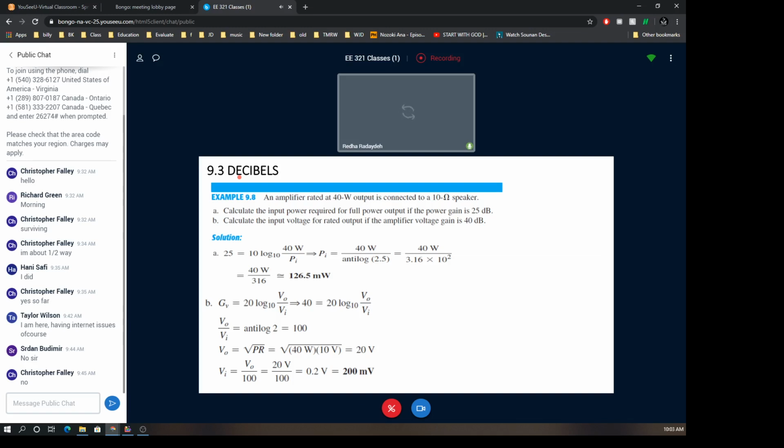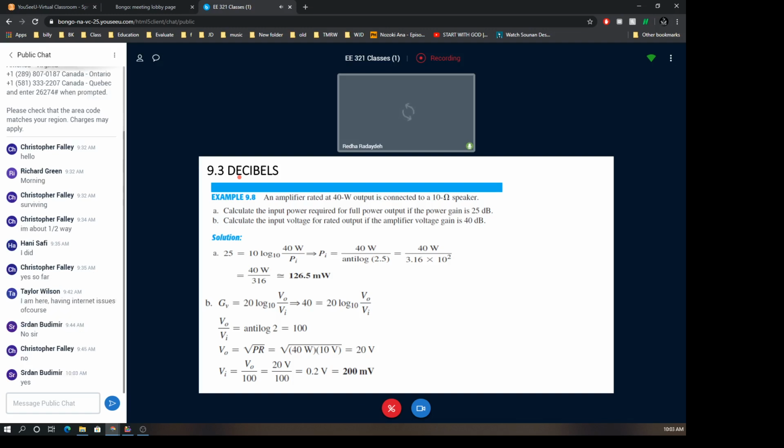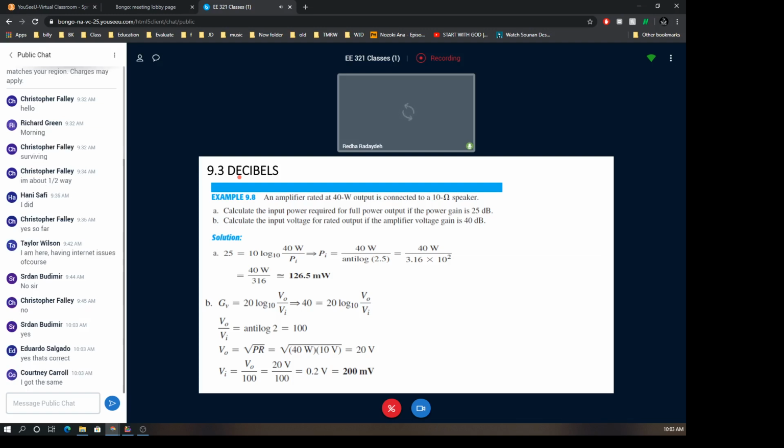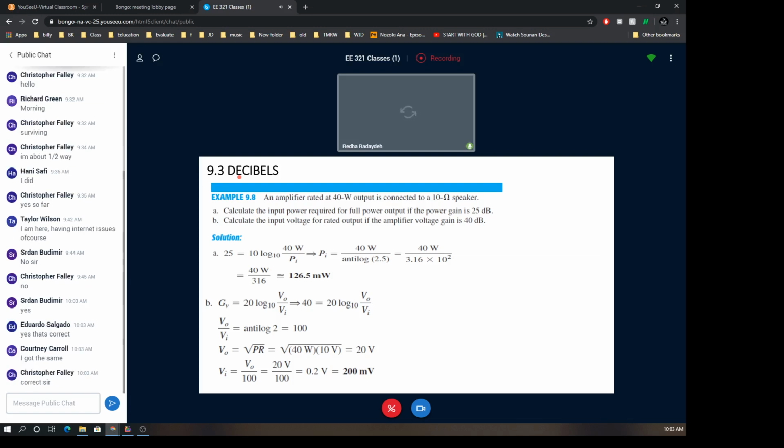Please do verify that if you have a calculator, that the input power would be 126.5 milliwatts. Verified? Okay, very good.